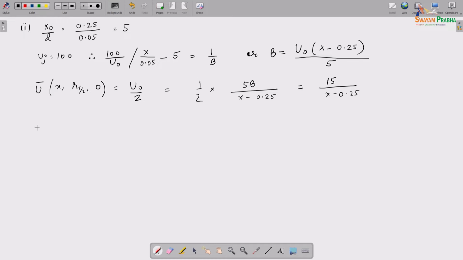So then let's just say at x is equal to 1.25, you mean u mean x r half 0, right, is equal to 15, okay.